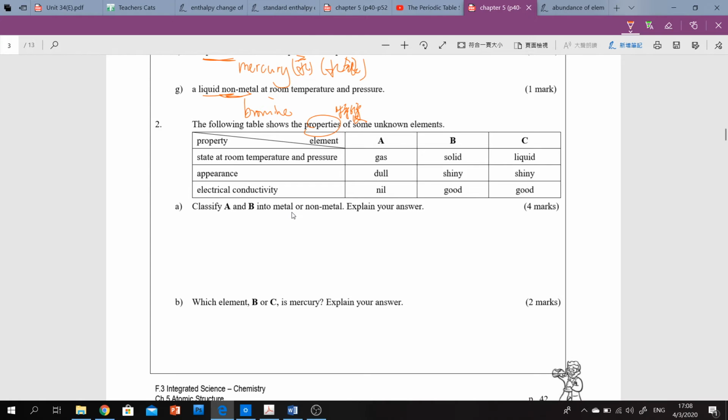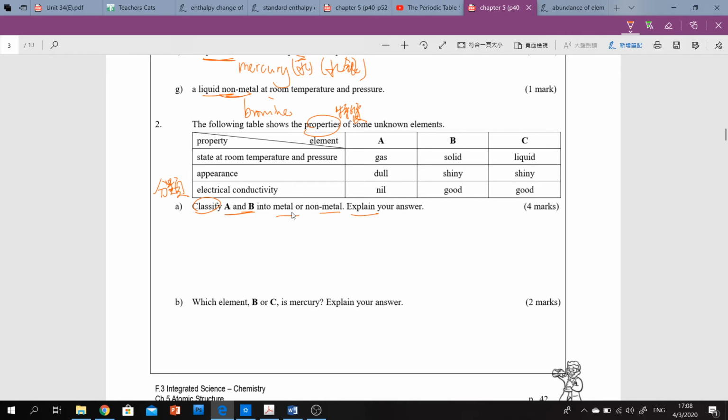A is a gas, has a dull appearance, and is not a good electrical conductor, and you may find the same for B and C. You are going to classify elements A to C into metal or non-metal. Explain your answer. So do you know how to answer this type of question?